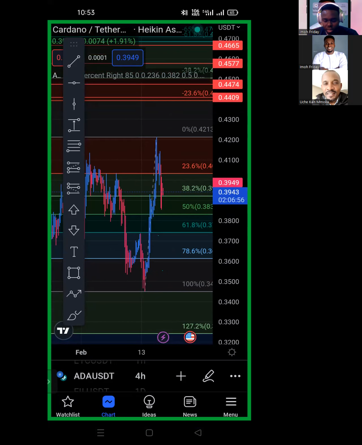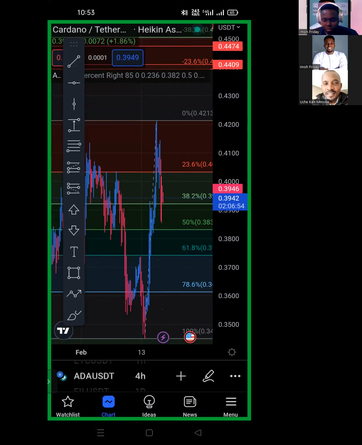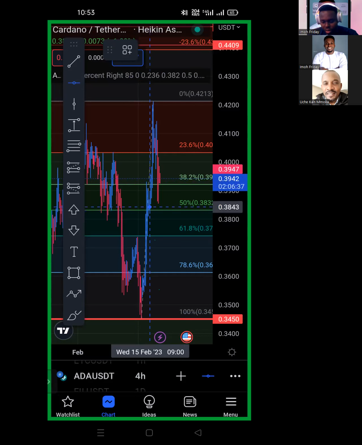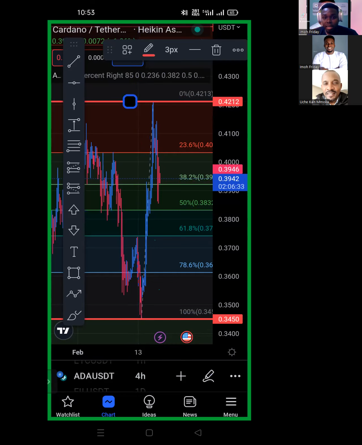The lowest price there is in the range of 0.350. Then the higher price, let me take this candle. The lower price is here, which is 0.345, while the highest price here is 0.4212.